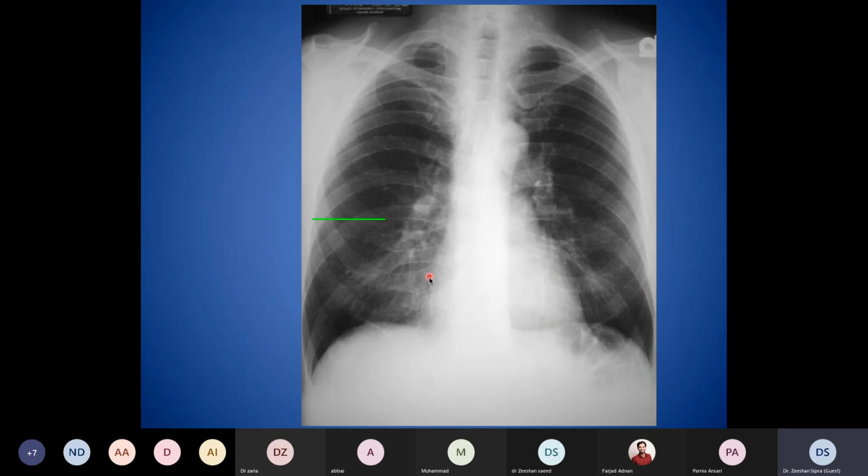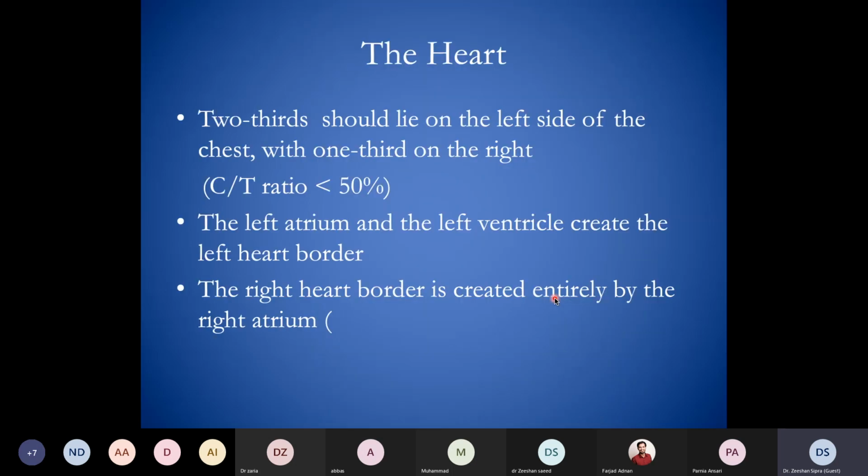So when the heart size is more than 50% in an erect PA view of the chest, we can reliably predict that there is cardiomegaly, and echocardiography should be advised to evaluate the cardiomegaly and the causes related to that. But in any case, one third of the heart is on the right if it's a true non-rotated radiograph, and two-thirds is on the left.